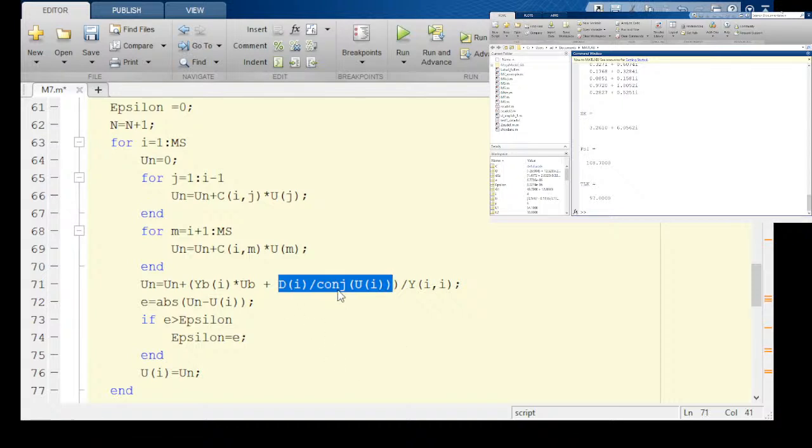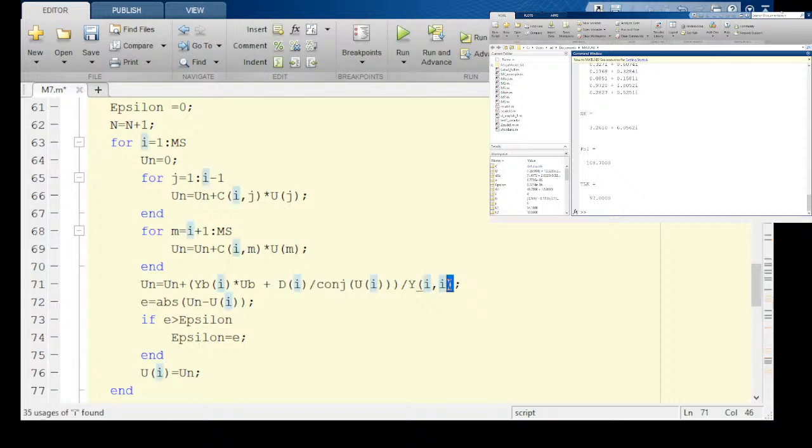The selected one will produce current, let's say current injection in the node. It will be positive for generation and negative for load as a function of the previous step voltage.